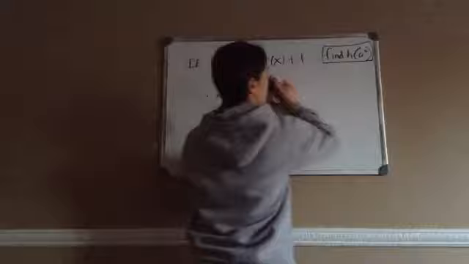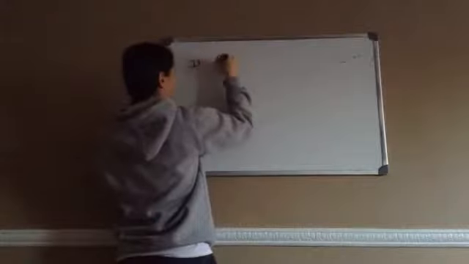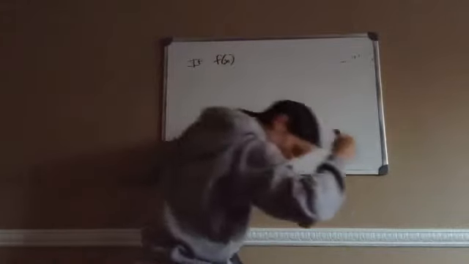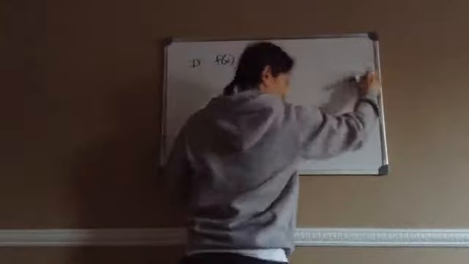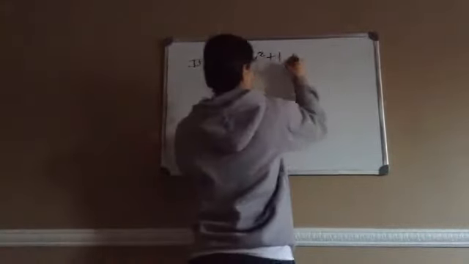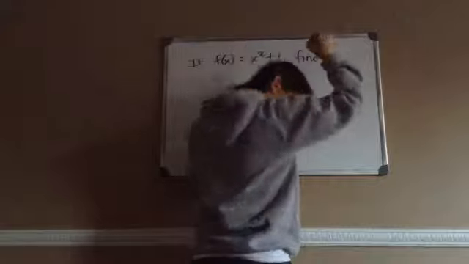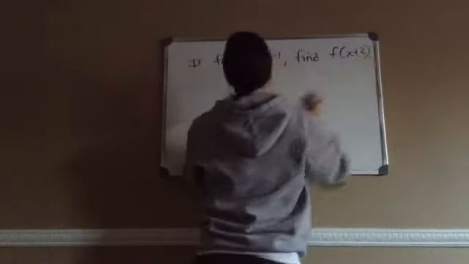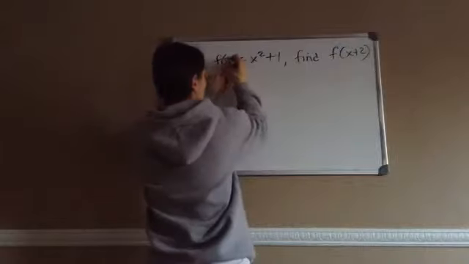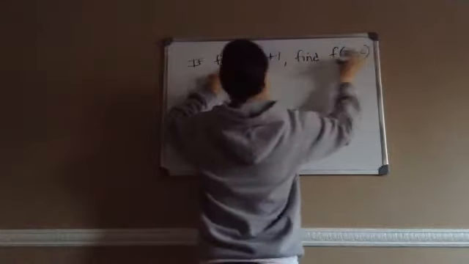Okay, let's do another one. Here we go. If f of x equals x squared plus 1, and then it says find f of x plus 2. So basically what that means is this x is x plus 2.